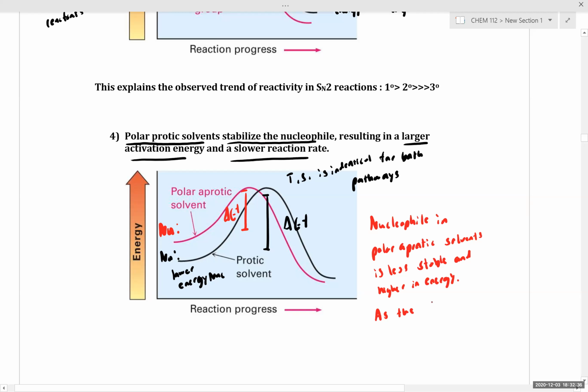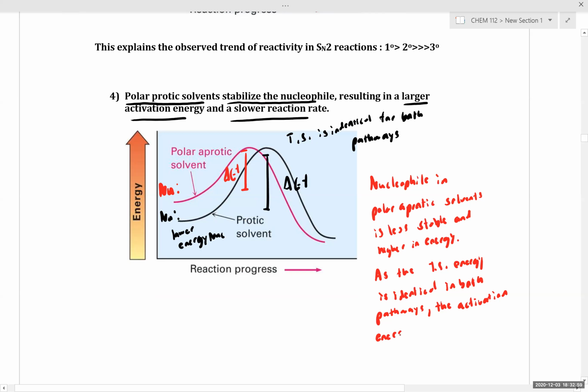As the transition state energy is identical in both pathways, the activation energy for the polar aprotic pathway is lower.